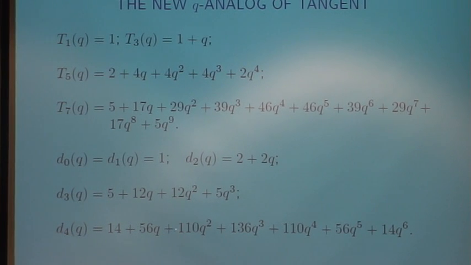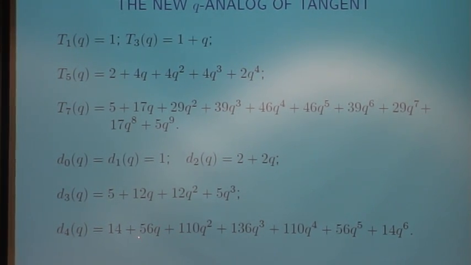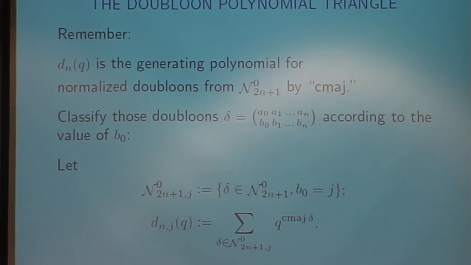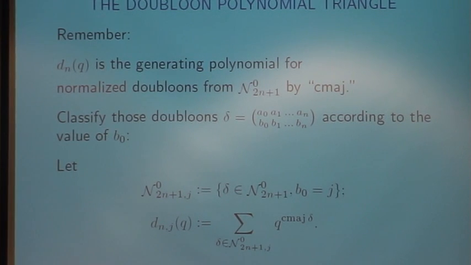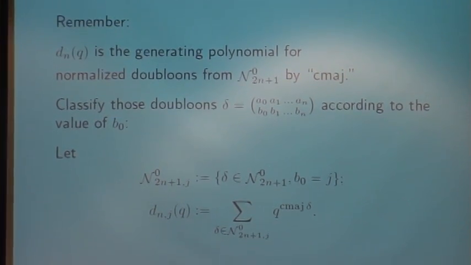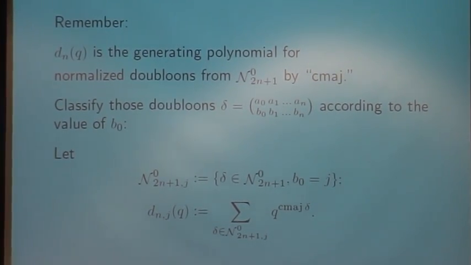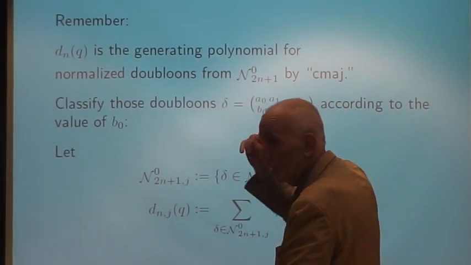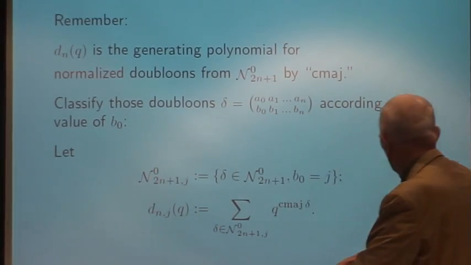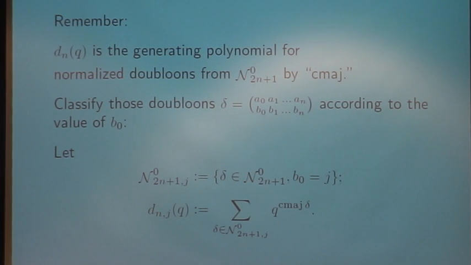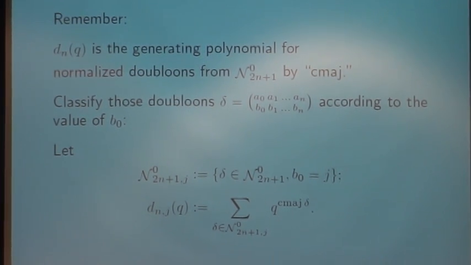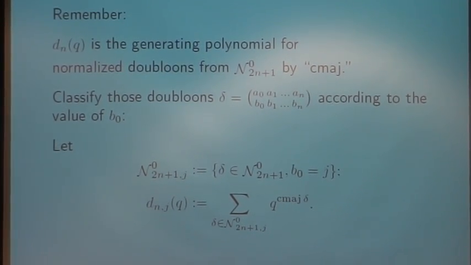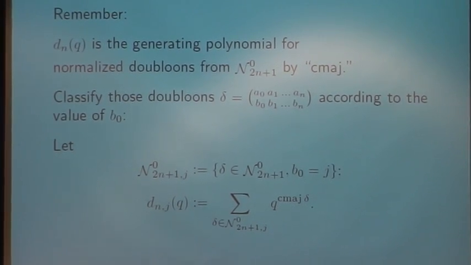This polynomial is divisible by 1 plus q and 1 plus q squared. Oh, okay. Remember now. Okay, now I come to 9 minutes. Remember, D sub n of q is the unique polynomial for normalized doublets by cmaj. Okay, now.